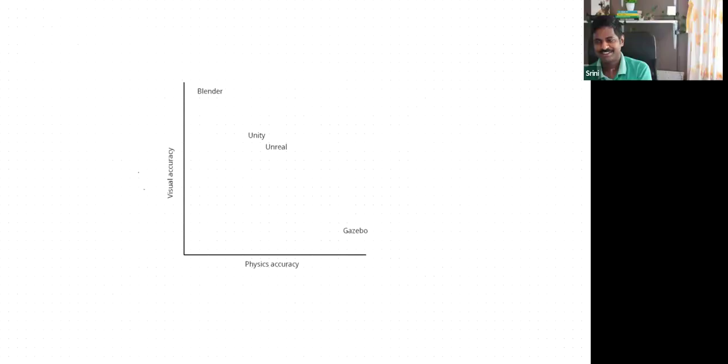I don't know which one. I think Unity might be a little better in visual accuracy than Unreal, but I'm not too sure, I need to check. And then Gazebo is somewhere here, right? I guess this gives you the picture.